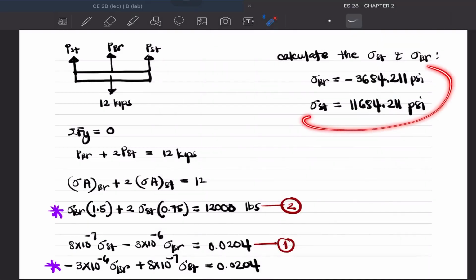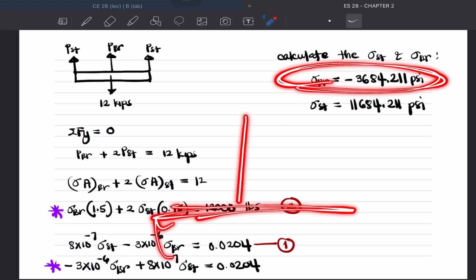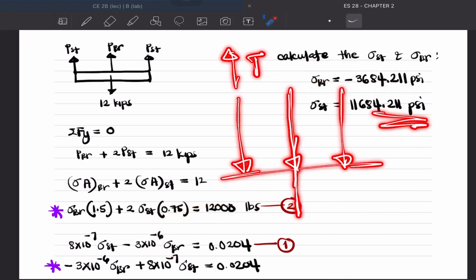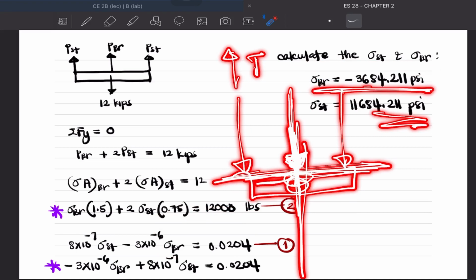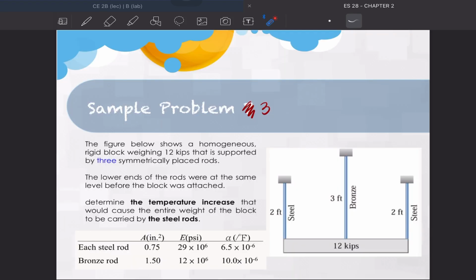Tanaw na to atong answers. Ang stress sa steel, positive. So, meaning ni-elongate gid siya. Ang atong bronze rod, ni-deform siya, pero niabot siya sa point, pag-attach niyo balik sa support, instead nga mo-elongate pa siya, na-compress na siya, gi-resist siya sa block, so mao siyang negative value of stress sa atong bronze rod.